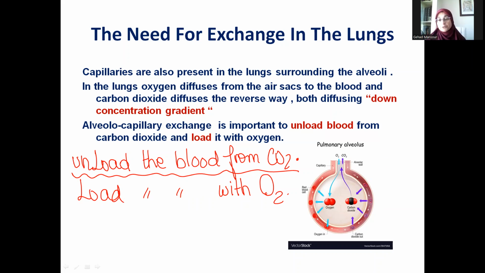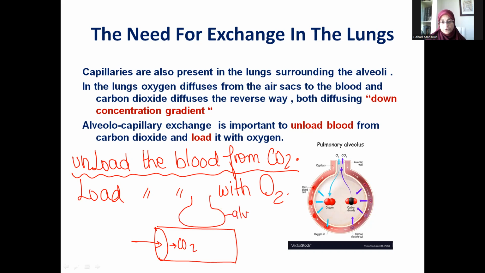So what happens is that if you have blood that is rich in carbon dioxide that reaches the capillary that is around the air sac, or the alveolus, then its concentration in the blood will be higher than its concentration in the air sac, and it will diffuse down the concentration gradient from the blood to the air sac, and then it will be expelled outside the body.